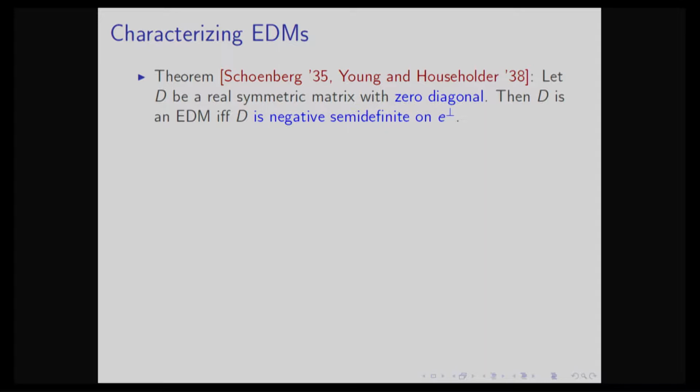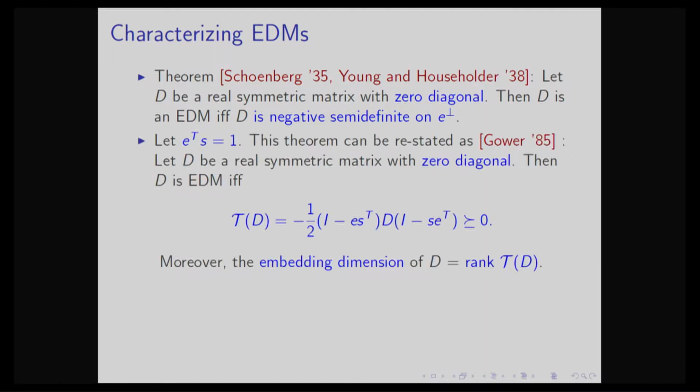Now, you can restate this theorem by taking any S such that E transpose S equals 1. Then you can say that a matrix D, which is real symmetric with zero diagonal, is an EDM if and only if this operator of D is positive semi-definite. This symbol means that the matrix is positive semi-definite.